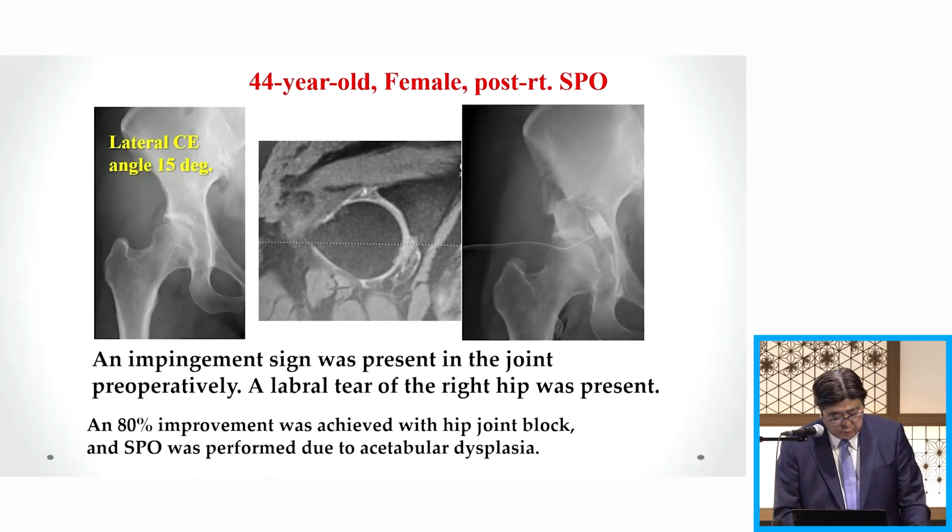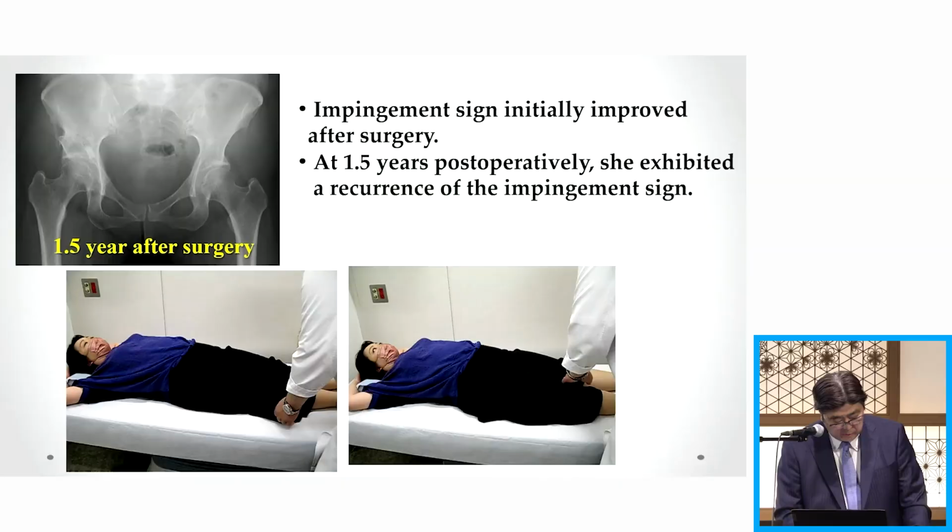A case of a 44-year-old woman with DDH and labral tear. An impingement sign was present in the hip joint pre-operatively. MRI showed labral tear of the right hip joint. 80% improvement of the hip joint pain was achieved by hip joint blocks, so SPO was performed.